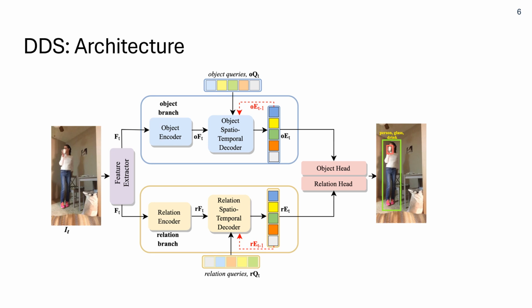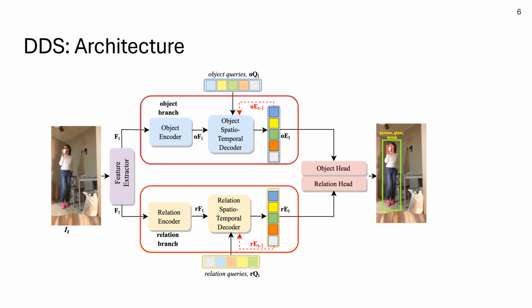Now, let's see how we implement the core idea of decoupled learning. Our network consists of two mirrored branches, one for the object detection and the other for the relationship detection. From the input video, we extract features using a convolutional backbone. These features are sent through our object and relationship branches.